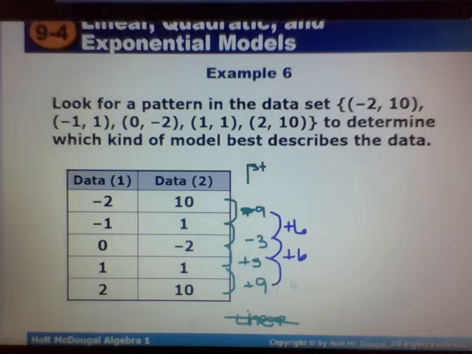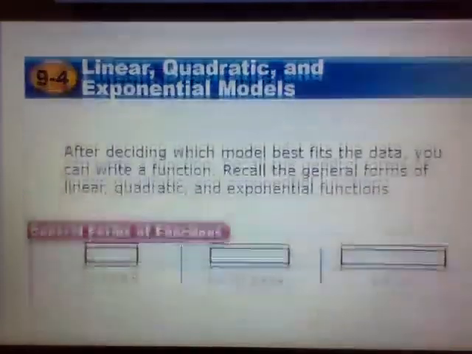And from positive 3 to 9, you'd add 6. And so now, because our second difference is the same, we now have a quadratic equation. Again, if you went ahead and plotted, you would have noticed that these are quadratic, but it turns out that we can see it through the data as well.